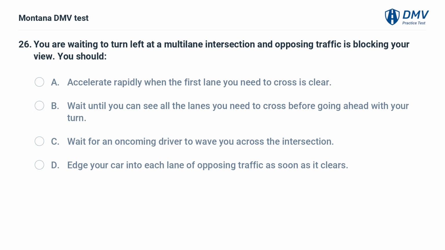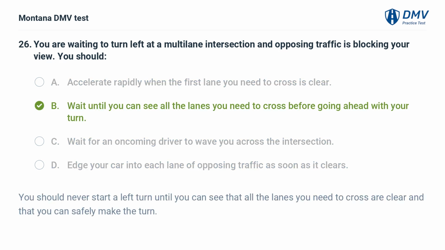D. Edge your car into each lane of opposing traffic as soon as it clears. B. Wait until you can see all the lanes you need to cross before going ahead with your turn. You should never start a left turn until you can see that all the lanes you need to cross are clear and that you can safely make the turn.